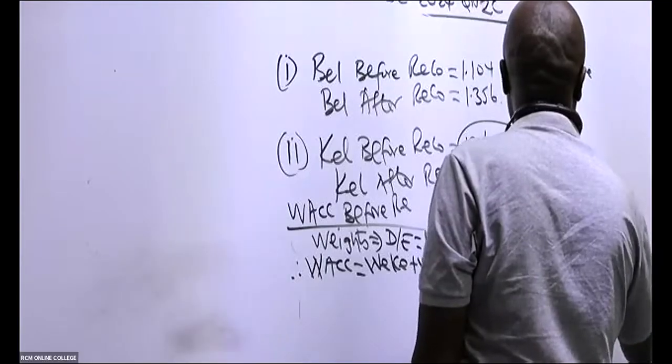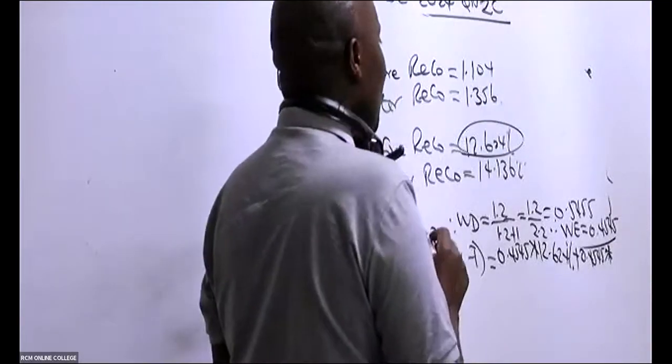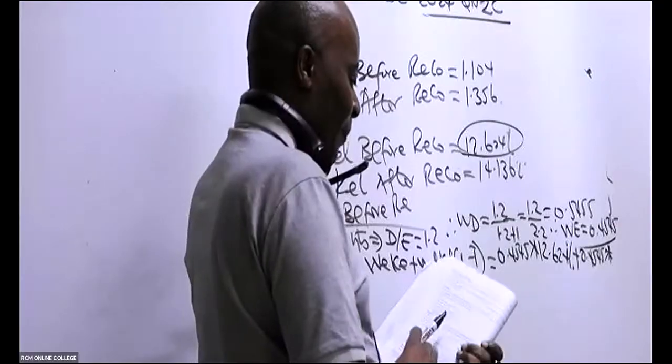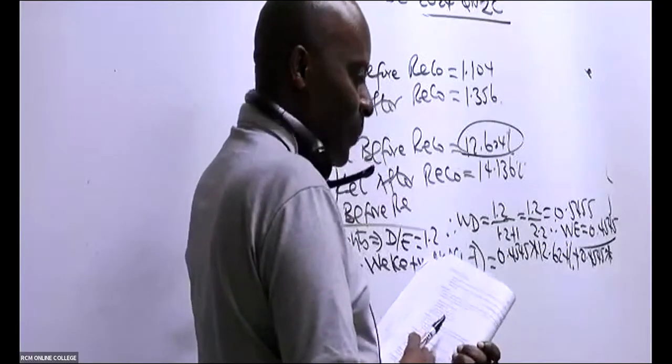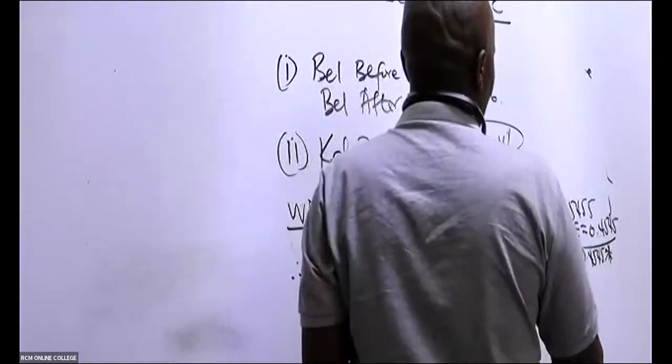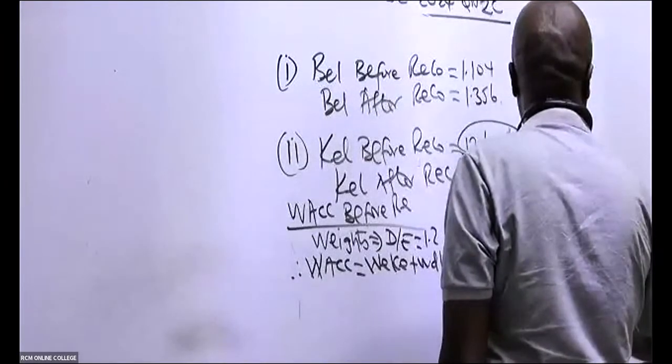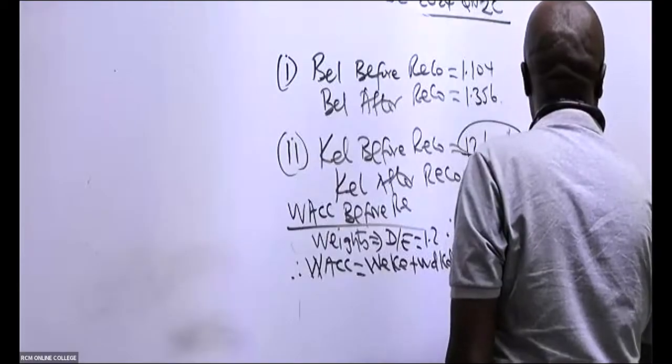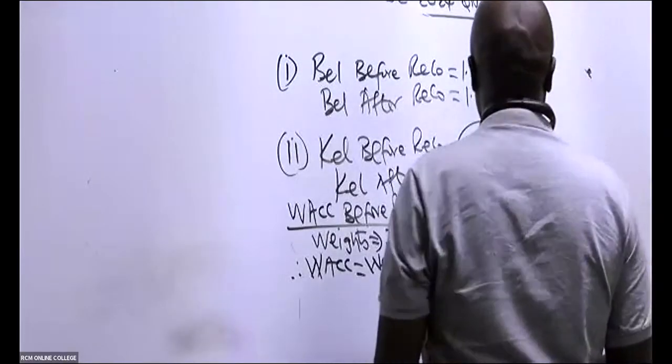0.4545 times cost of debt. Cost of debt is the same as what here? Risk free, isn't it? 54. I've used the wrong one, eh? Yeah, 54. 0.5455. Cost of debt.